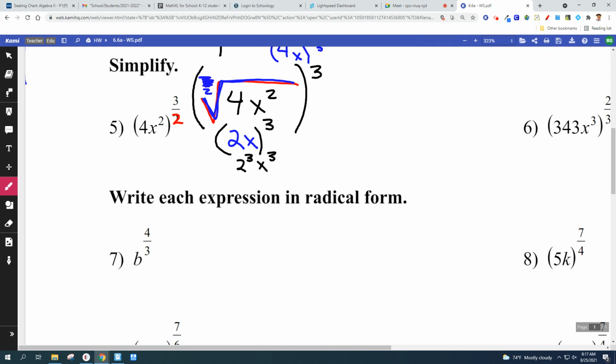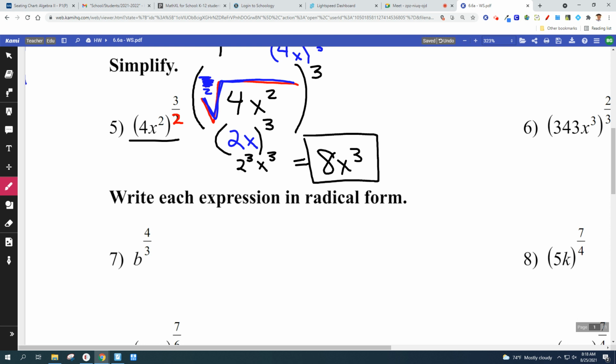Both of those numbers are taken to the third power. Well, 2 to the third power is 8. I've got 8x to the third. Simplified. Okay? And that looks a lot more simple than what we started with for sure.